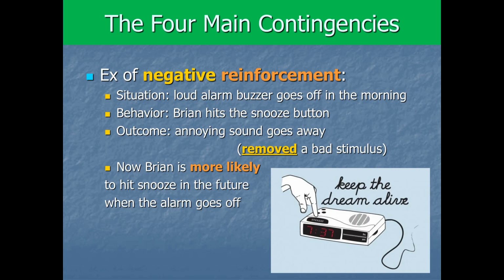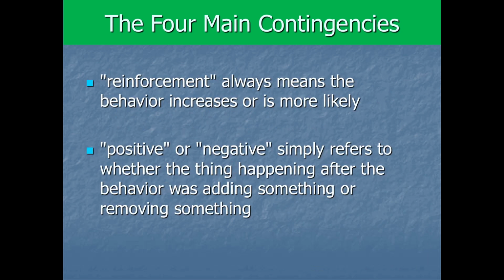Since it worked, the child's probably more likely to do the same running away behavior next time they're in the same loud situation. So the behavior has been reinforced. It's reinforcement. It's happening more often. And it's negative reinforcement because every time they do the behavior, it's taking away a stimulus. It's taking away the loud noises. So that's the idea of negative reinforcement.